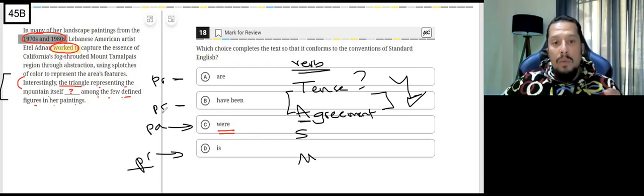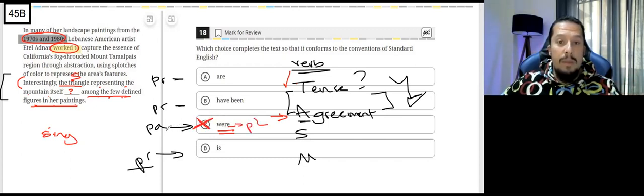But what problem do we have with answer C? The first thing is we check the tense. The next thing we have to check is agreement. So what is the subject of the verb? What is among the few defined figures in her painting? The triangle. So triangle is singular, but my verb here is plural. So we can't say answer C because the subject and verb do not agree with one another.